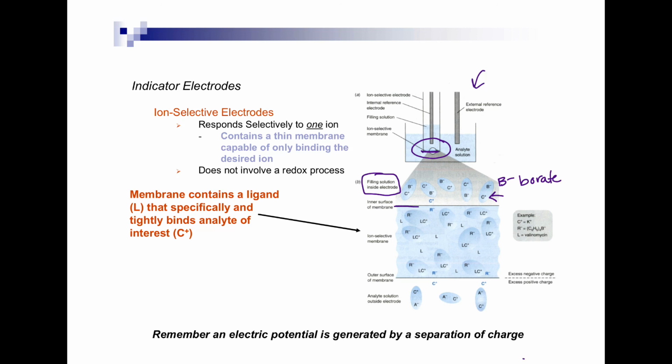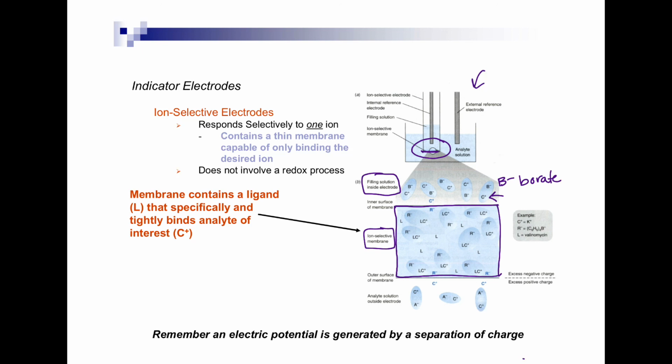And then we have the actual membrane. So this is the part that's right on the surface here. This is what we call an ion selective membrane, and it's ion selective because some ions are going to be attracted and make it through and other ions are not.